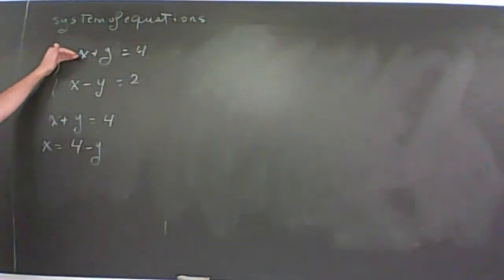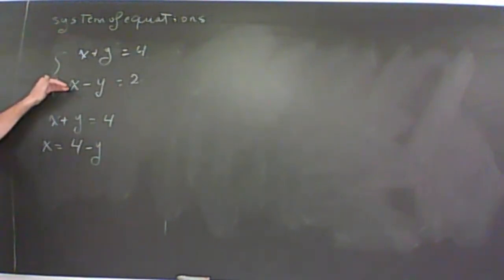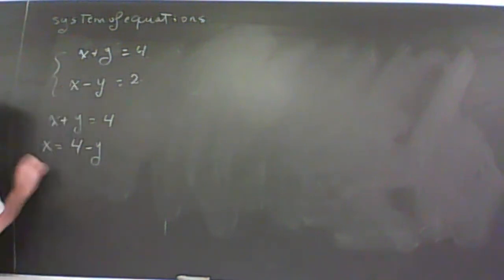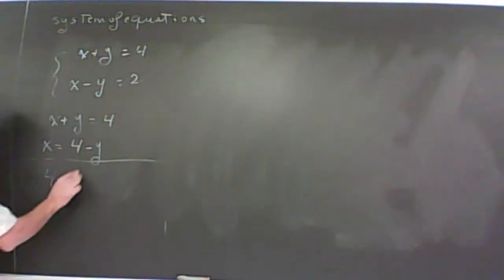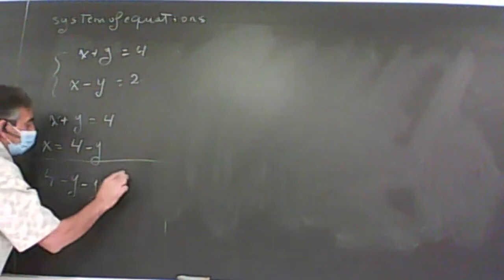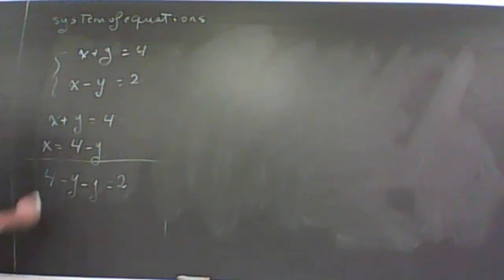So now I use this equation to solve for x. I'll substitute x in this equation. Here's what we have. Instead of x, we put 4 minus y equals 2. Simplify this.